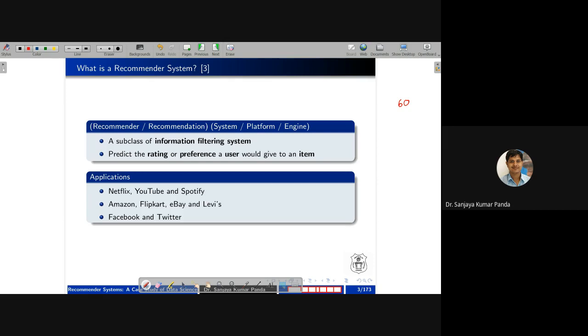For written feedback, after your class is over, let's say there is a Google form. Through that Google form, 60 students rate your lecture out of 5. It is a feasible solution because the link will be sent to all the students, and they can fill the form through their mobile.